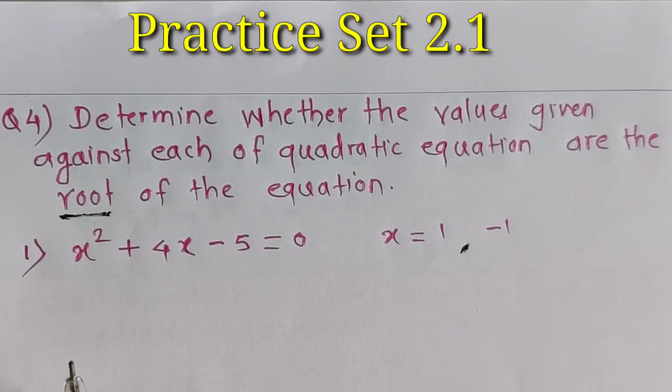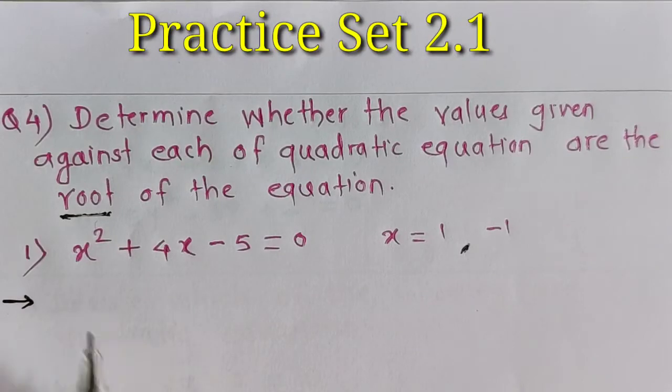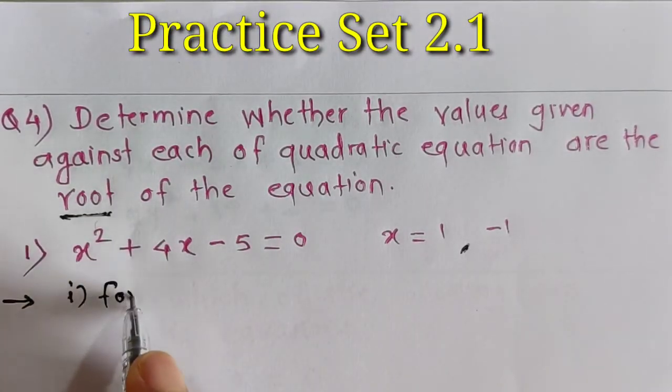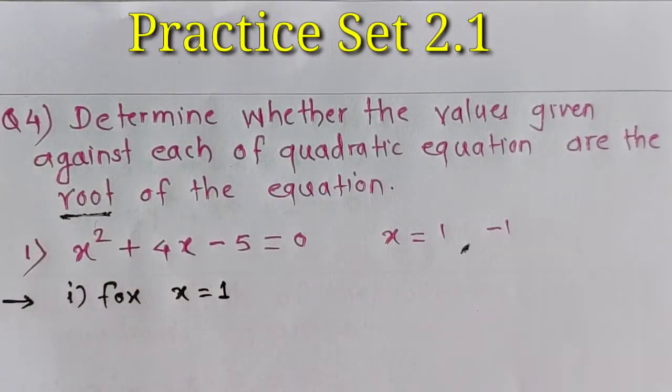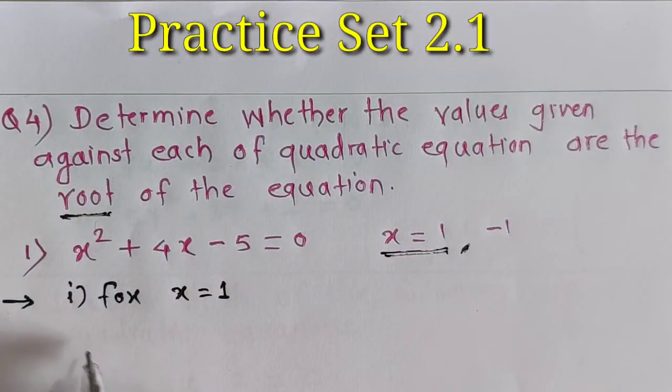Now how to decide? How to write? So write the given equation first. The given equation is here. So for the first value, we have to check for x is equal to 1. Whenever the value of the variable is given, x is equal to 1, how to write?